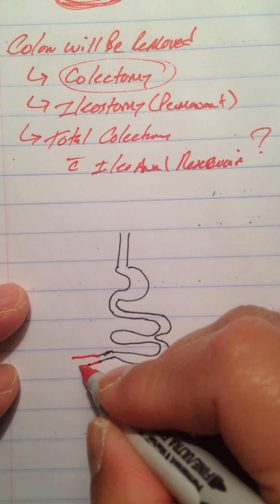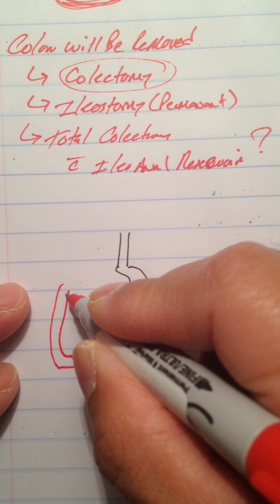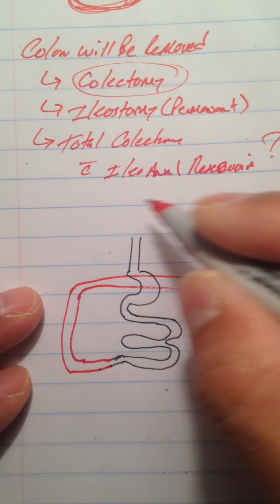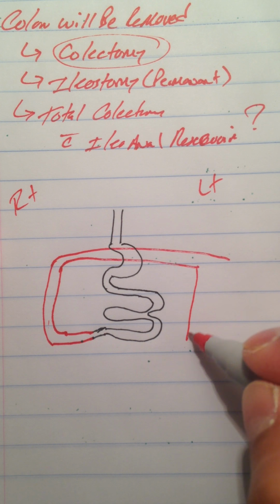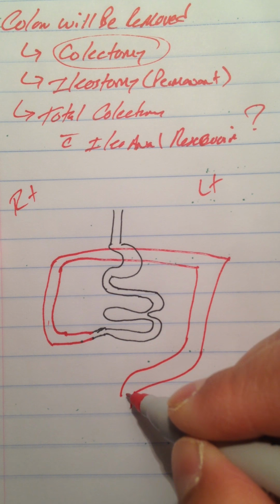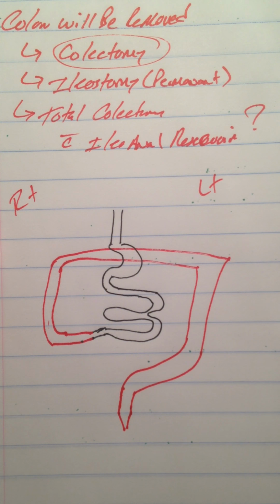I'm oversimplifying, of course. Colon's going to come up. So this would be right side of patient. This would be left. This would be ascending colon, transverse, descending, sigmoid area, and rectum. And then followed by the anus.